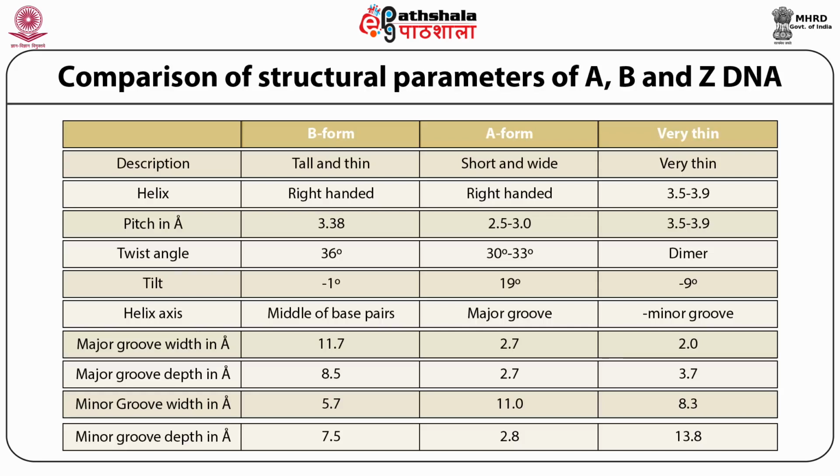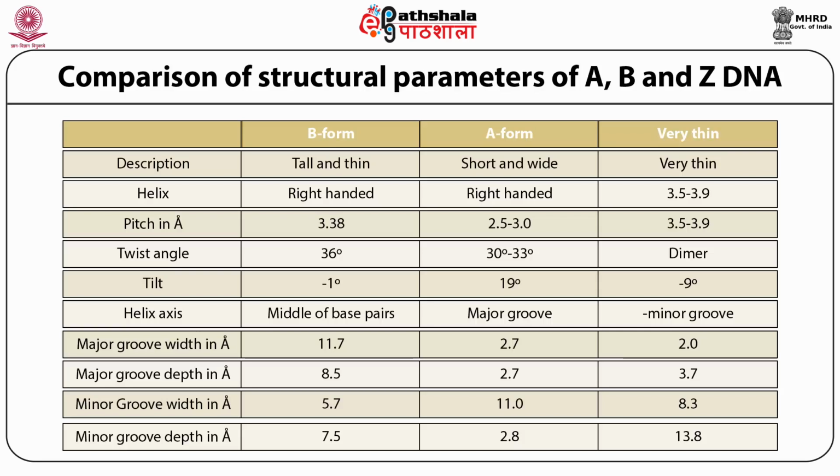Pitch is equal to 3.38 angstrom in B-DNA, 2.5 to 3 in A-DNA, and in Z-DNA it is 3.5 and 3.9 alternate. Twist angle, helical twist as we call it, is 36 degrees in B form, 30 to 33 degrees in A form, and Z form is a dimer, so we give average 30 degrees.